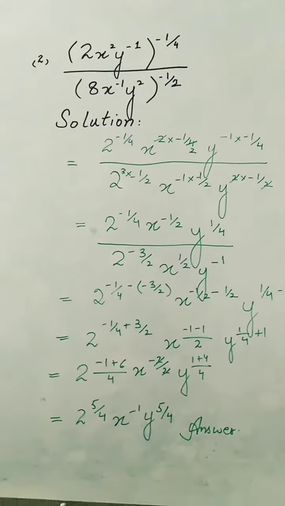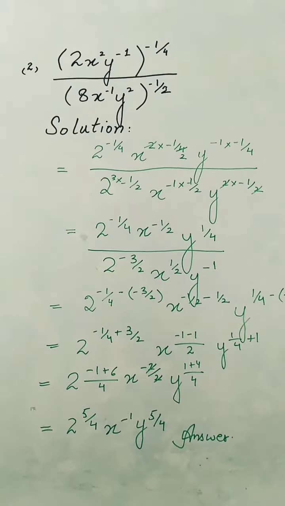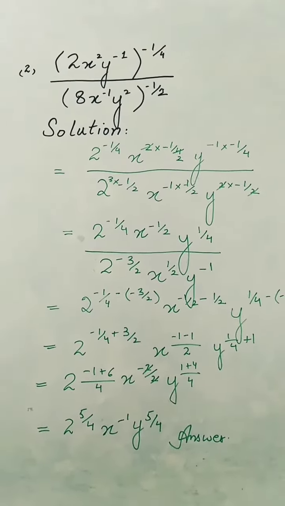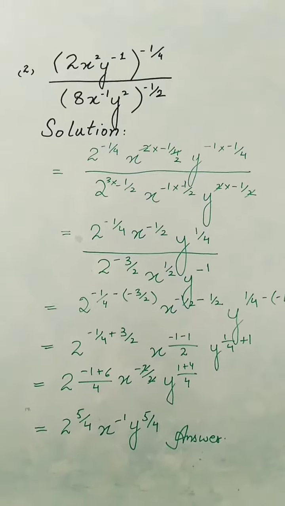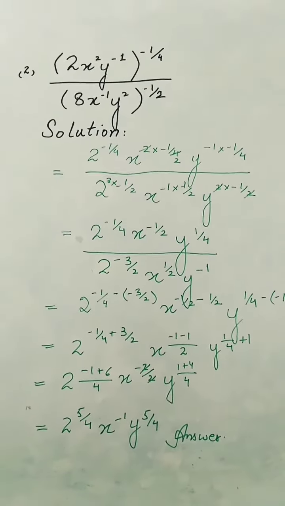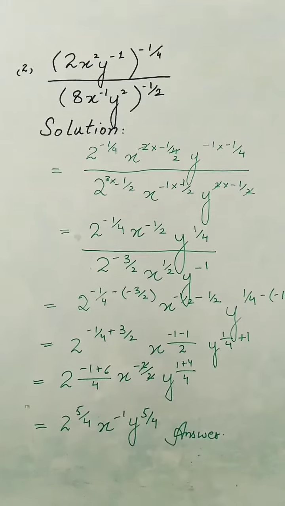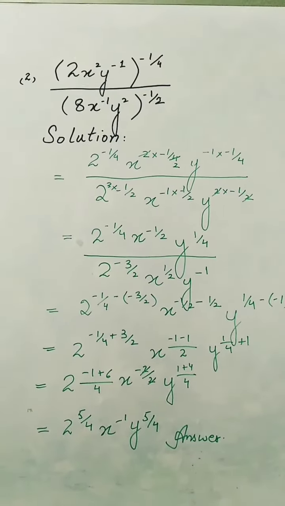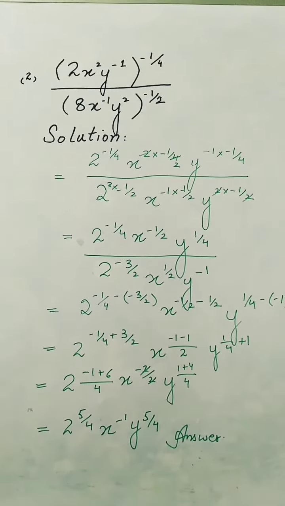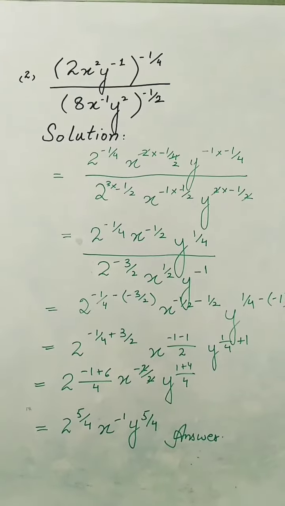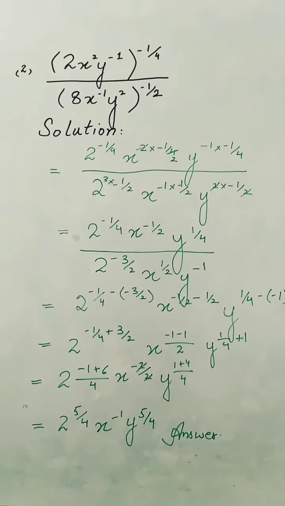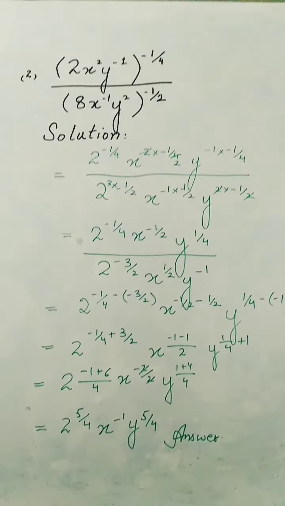So we can write it as 2 raised to the power minus 1/4 minus minus 3/2. Similarly for the x, minus 1/2 minus 1/2. For y, 1 minus minus 1, which will be in the denominator. Now the expression becomes 2 raised to the power minus 1/4 plus 3/2, x raised to the power minus 1 minus 1/2.